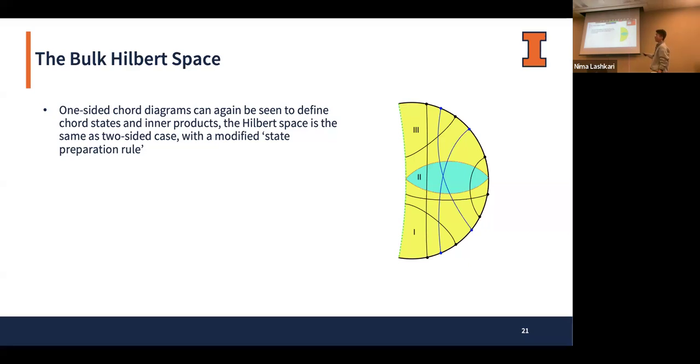What has changed is the rule for how these insertions prepare a state on these slices. For example, if you don't have this end of the world brane, then the state preparation rule is different. You can't have a chord starting from here but ending on the end of the world brane.